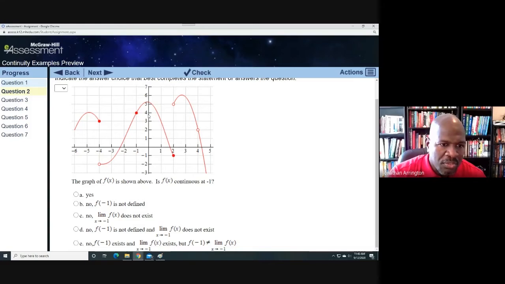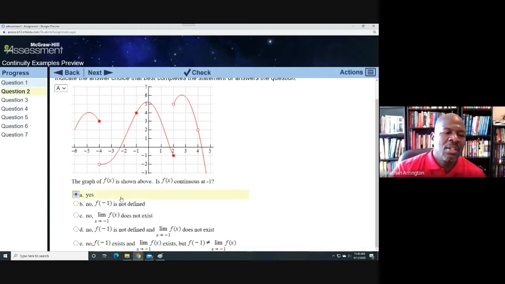F of -1 is 4. Is the limit as x goes to -1 of the function, does that limit exist? Yeah, that limit exists. Going from the left and from the right, it's 4. Are they equal? Absolutely, they're equal. So f of -1 is 4, and the limit was 4, so that is continuous.